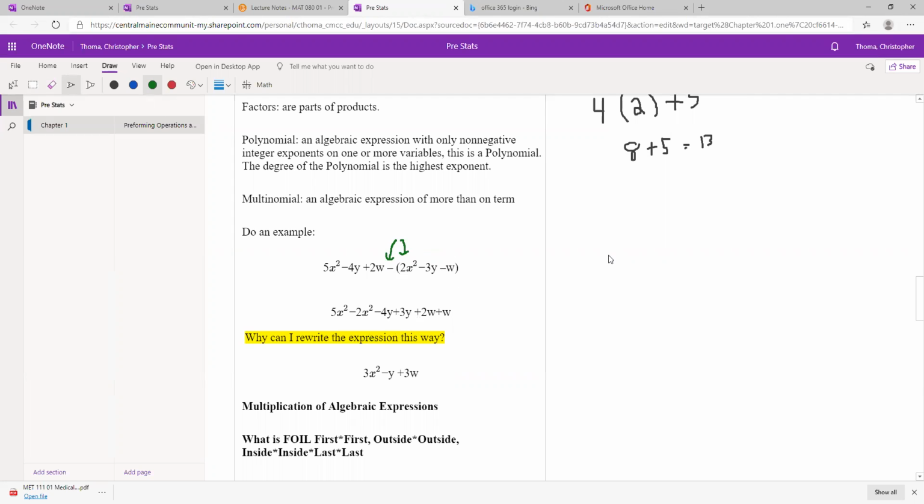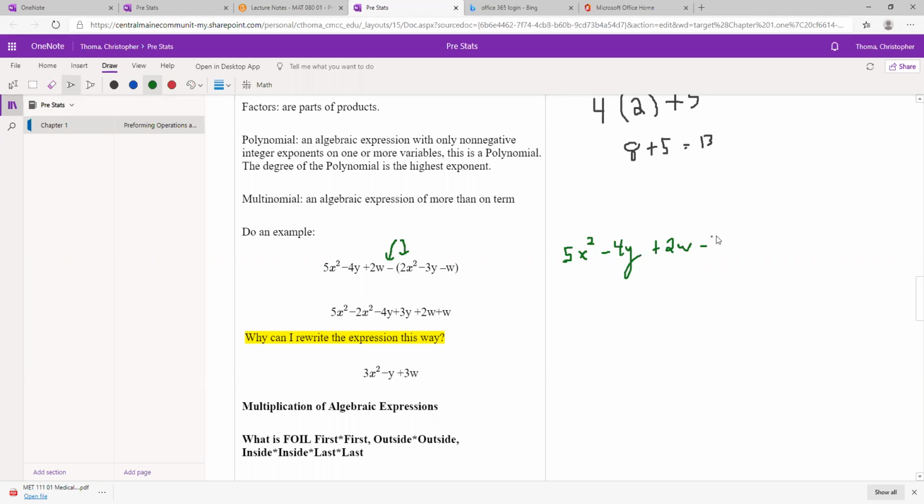So you can see, I'll write over here, even though I already have the answer for you to see. I rewrite this, so I have 5x squared minus 4y plus 2w. And now I'm going to distribute this negative sign, which basically means I change the signs of everything that's inside.